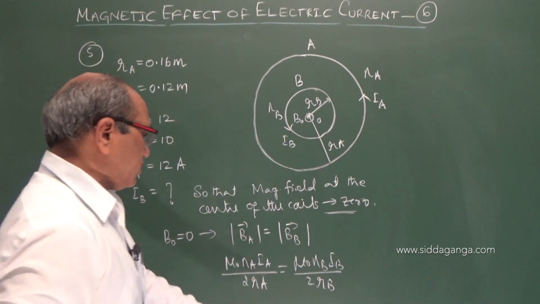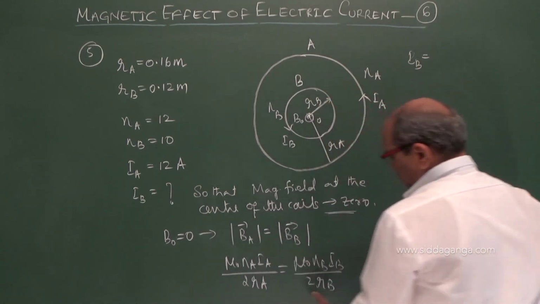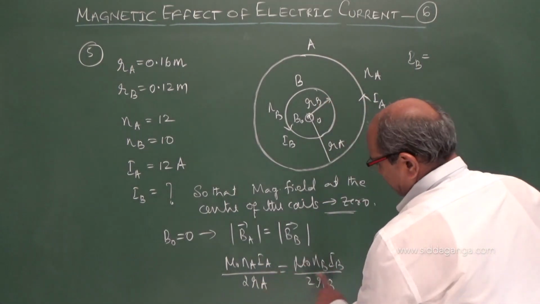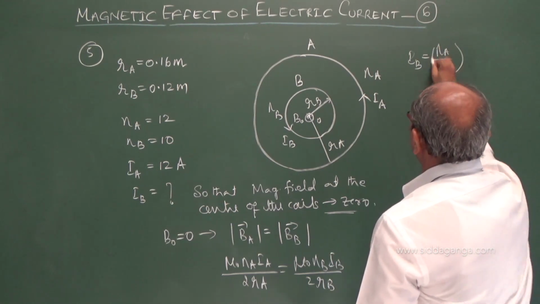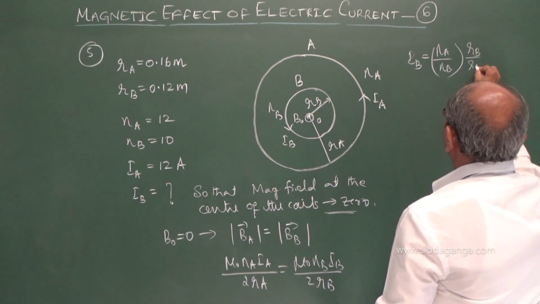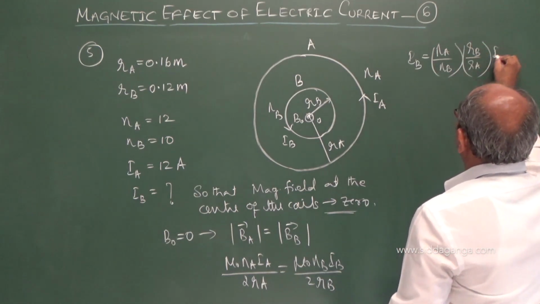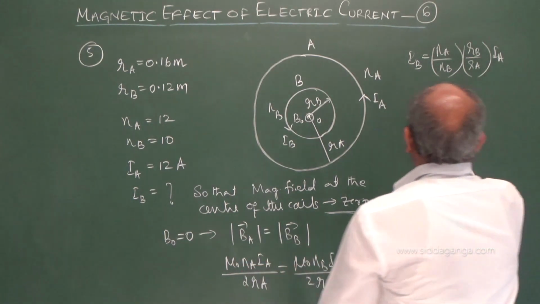Common terms we cancel, and we want current IB. IB remains as NA by NB, then RB by RA, and IA. The mu naught by 2 cancels.